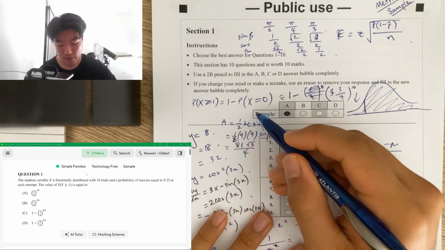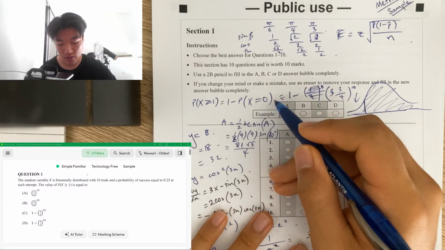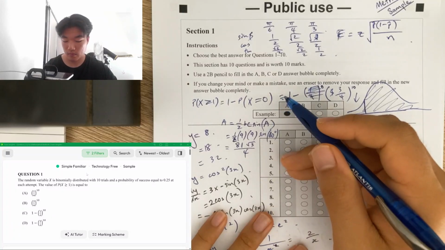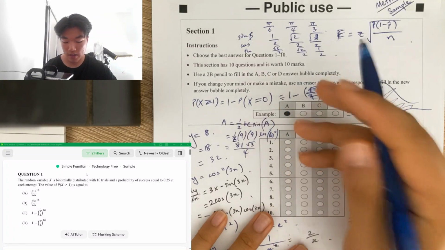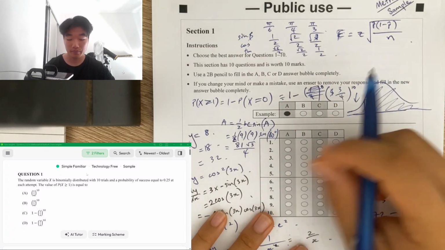So it's 1 minus that, and then we're using the binomial formula.